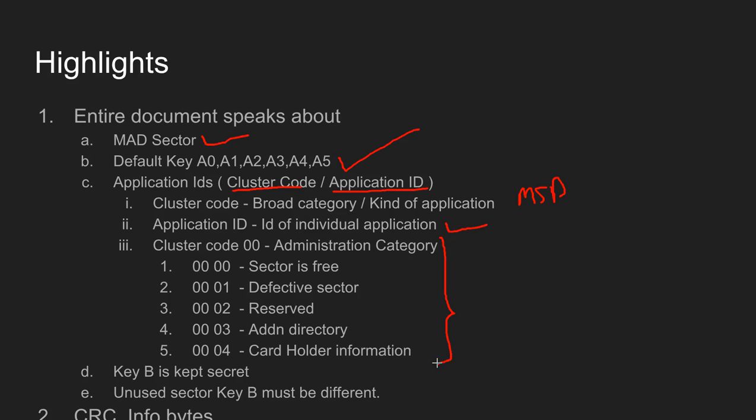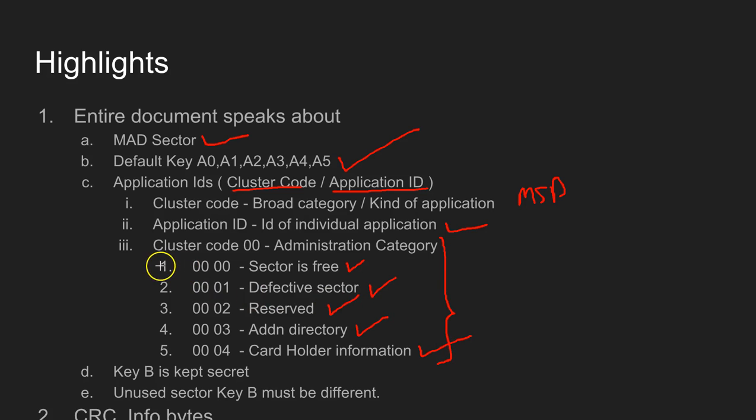These are some of the predefined application IDs that belong to the category called administration. These are reserved application IDs. If both are 00, it means the sector is free. If it's 0001, it's a defective sector, and there are reserved sectors for the additional directory and the card holder information.